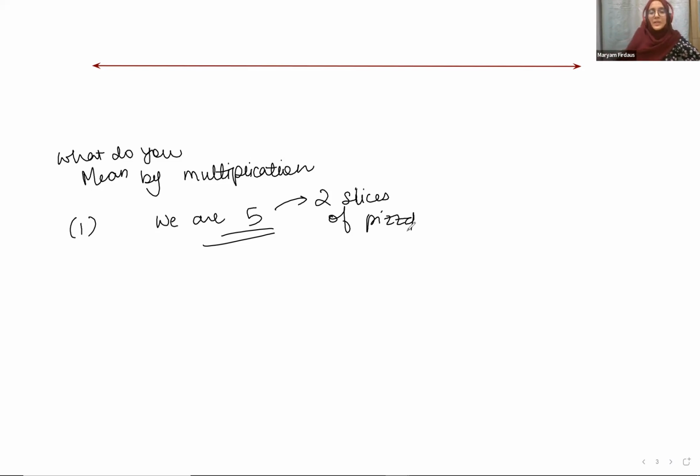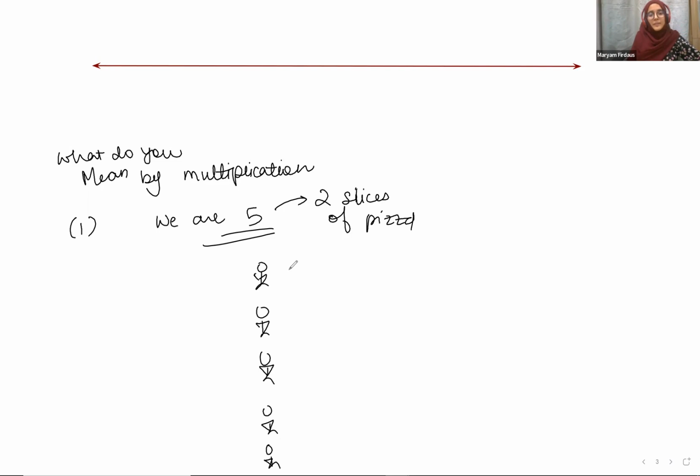What multiplication actually means is that we are 5 people, right? One person, second person, third person, fourth person, and fifth person.